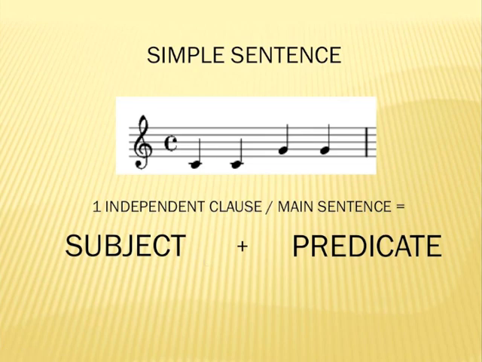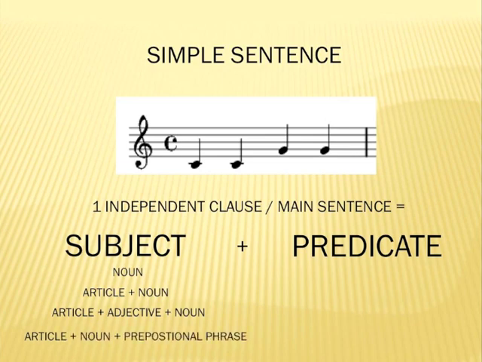And that independent clause can be defined as a subject and a predicate idea. But as we've seen throughout this series, subjects and predicates can be very simple, or they can become very complicated. For example, a subject could be just a single noun, or a simple noun phrase like an article and a noun, or a little bit longer noun phrase with an article and an adjective and then a noun, or even adding prepositional phrases.